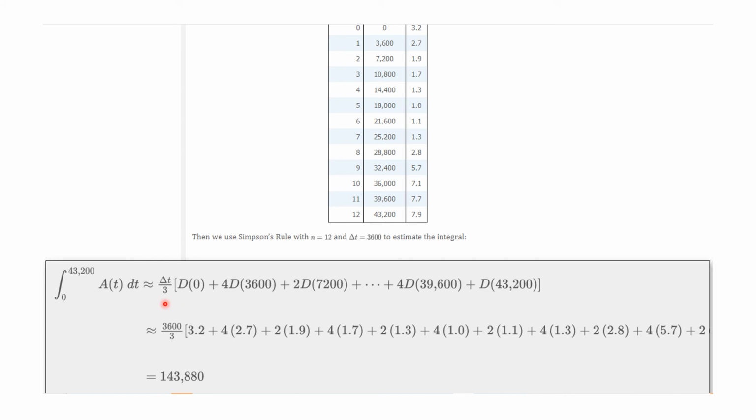We can say delta t over 3, and an hour is 3,600 seconds, over 3, and plug in all these values. Notice we are using the pattern 1, 4, 2, ..., 4, and 1 with all of those numbers, and we can do the calculation and get this. Excel would be an excellent way to do a problem like this, and you will have Excel access during the assessment. This is important, and I actually like these kinds of problems.